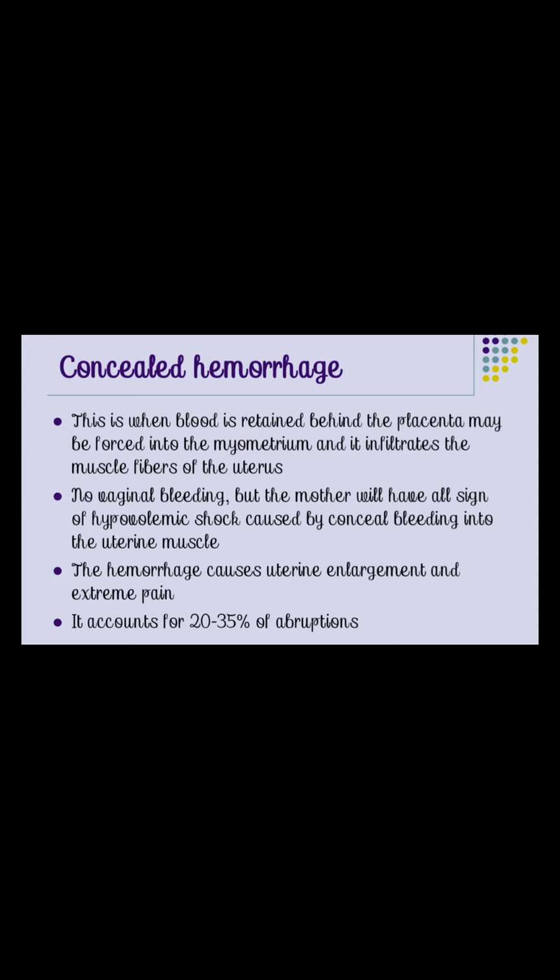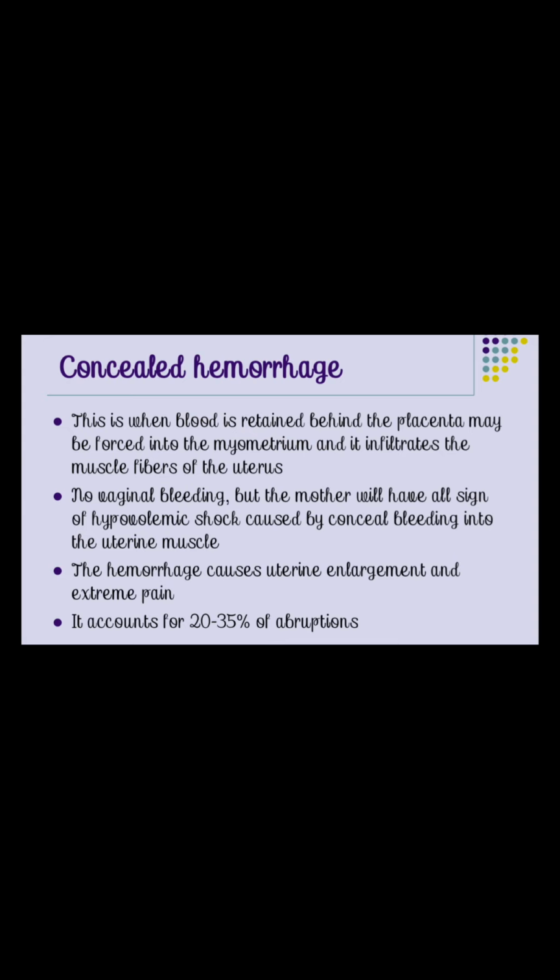Au in short, concealed hemorrhage ni internal bleeding, kwamba damu inavuja from site of separation, inabaki mle mle tu, it is retained behind the placenta na inapenetrate hadi kwenye myometrium. Anakuwa na internal bleeding ambayo sisi hatuioni. Even if you go to side room examination, you will not be able to see this hemorrhage.